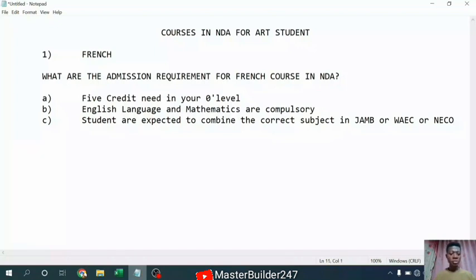Then number 4, D, that is the fourth criterion you need to apply for the French course in NDA, is that you need to write the university post UTME and pass, meaning score high.